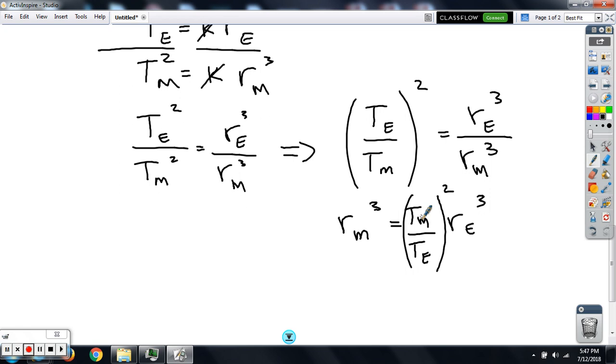Now you just plug in whatever values you have. Again, I know R is in astronomical units, so this RE is 1, so I cube it and I get 1 AU cubed. When I cube root it later to solve for Rm, I'm back to having astronomical units.